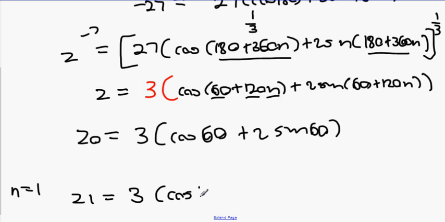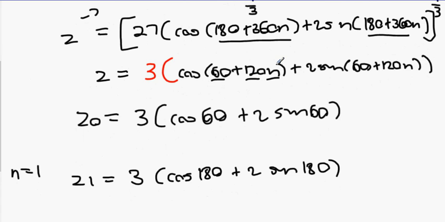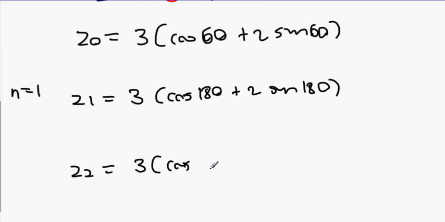It's going to be cos 180 plus i sin 180. Then we have Z2, which equals 3 cos of, now 2 times 120 is 240, 240 plus 60 is 300, so cos 300 plus i sin 300.